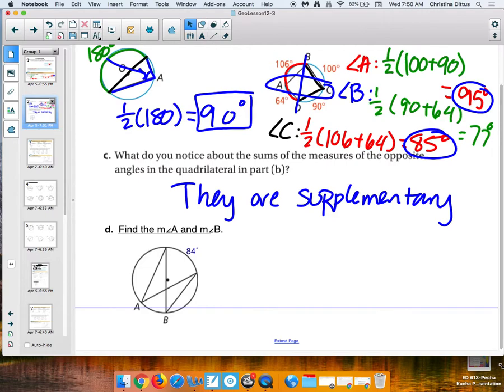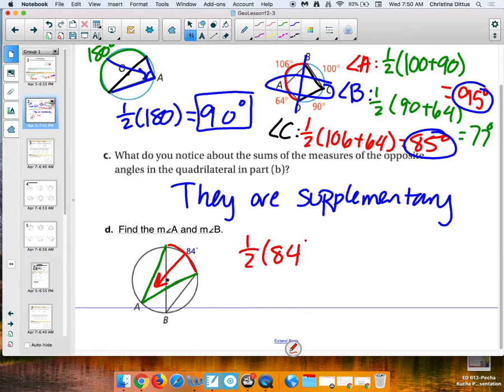All right, we gotta find the measure of angle A. Well, A goes like this. So I know that the arc associated with that is labeled as 84. So to bring it in, I have to half it. Half of 84 is 42.